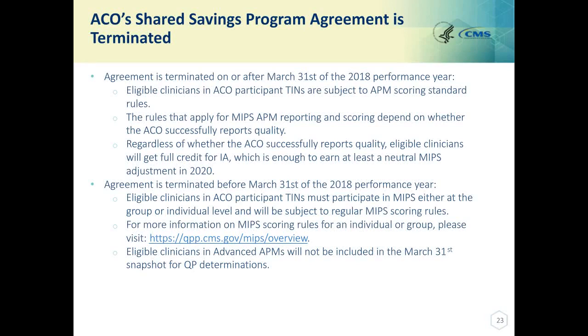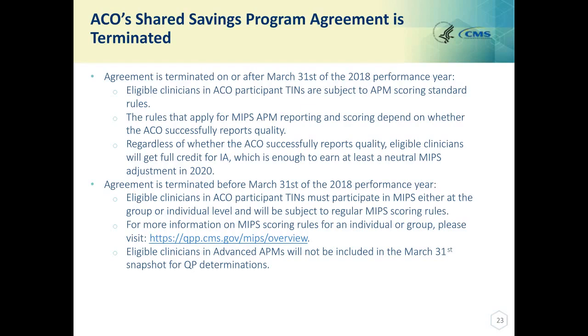So in the case where the ACO's agreement with SSP is terminated on or after March 31st, which is the first snapshot date for the 2018 performance year, the eligible clinicians in that ACO are still subject to the APM scoring standard. The rules for MIPS quality reporting, PI reporting, will remain the same.